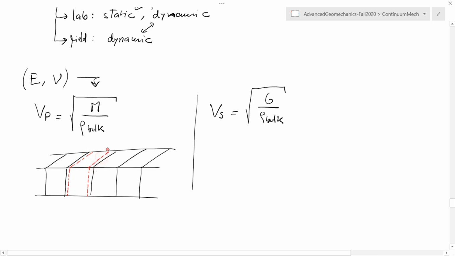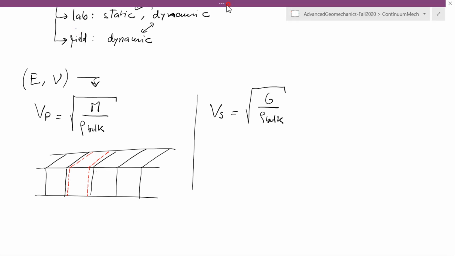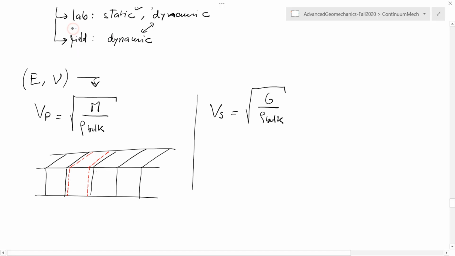So you can see from here that we have, for example, a P wave, let's add a coordinate system, which is traveling in direction, let's say, 1. And if I have just deformation in direction 1, then that's going to depend on the constraint modulus. And that's why the P wave is proportional to that modulus. So here the P wave is traveling in this direction.